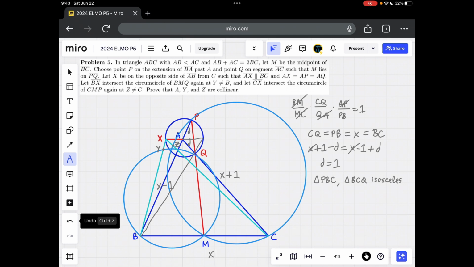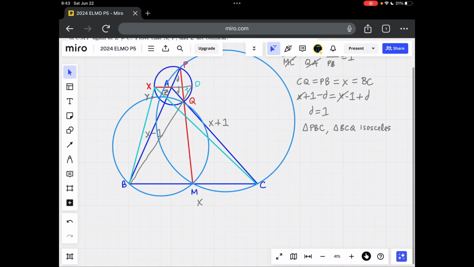And in order to do that, we look at these angles here, formed by the parallel lines and isosceles triangles. Let's call this point D. Then this angle here, angle XDQ, is equal to this angle here, angle QBC. But that's also equal to angle BQC, because BC and CQ are both equal to x.